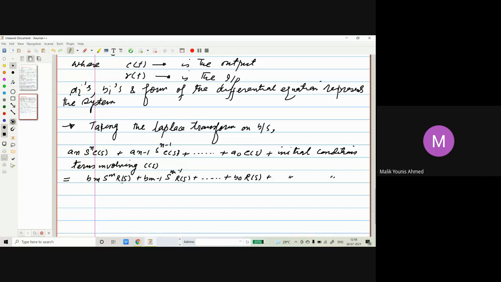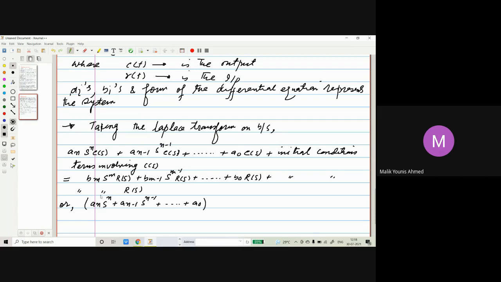Plus initial condition terms involving R of s. So let us collect them together now. The expression can be written as: an s raised power n plus an minus 1 s raised power n minus 1 plus so on and so forth plus a naught.